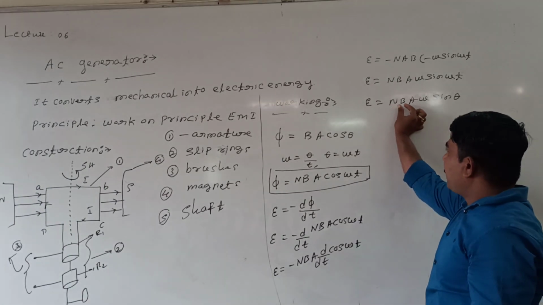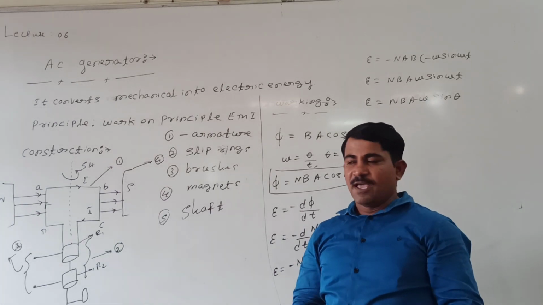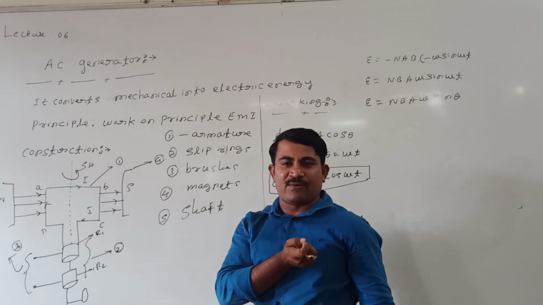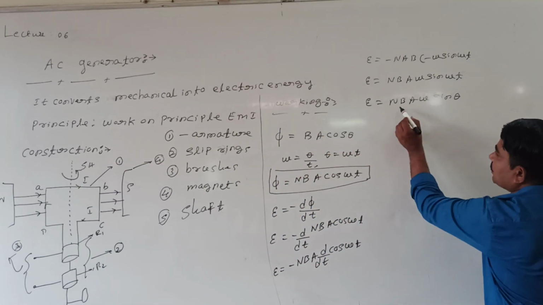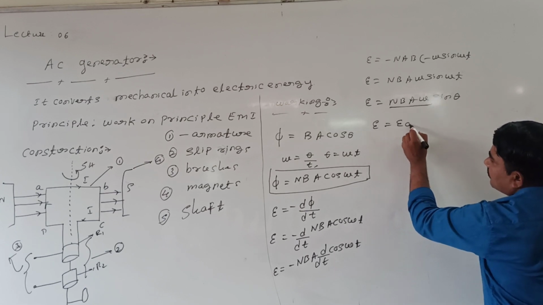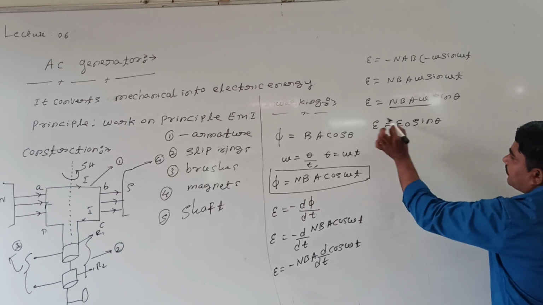N is constant, B is constant, area is constant, and angular velocity is also constant, as the coil rotates in a circular path with constant angular velocity. So all are constant values. These constants I will replace with E naught. So E is equal to E naught sin theta.